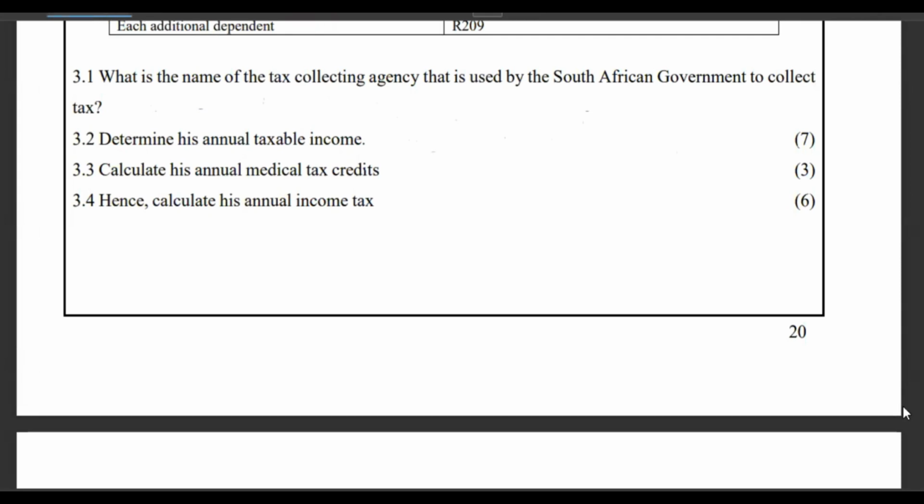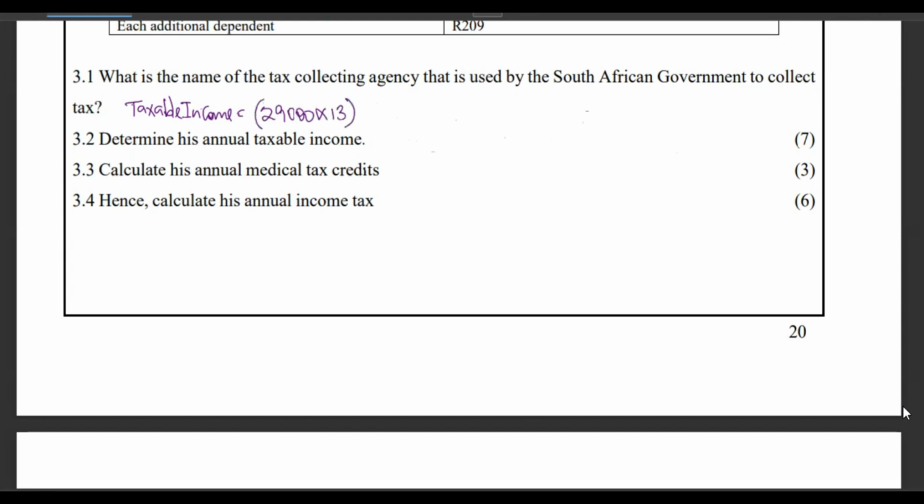We are looking for the annual taxable income, and we said taxable income will equal the gross, including what?